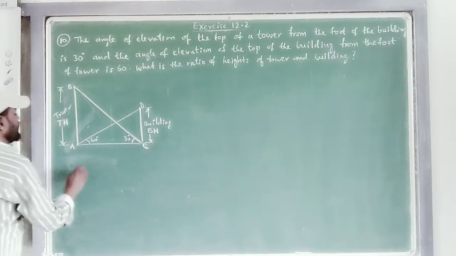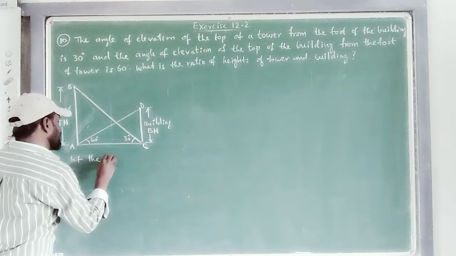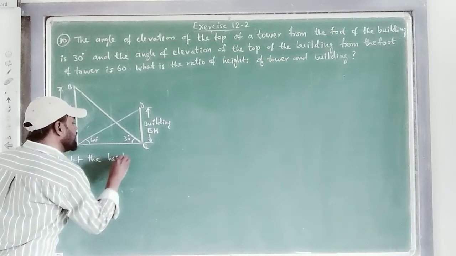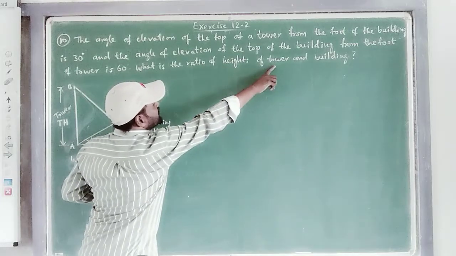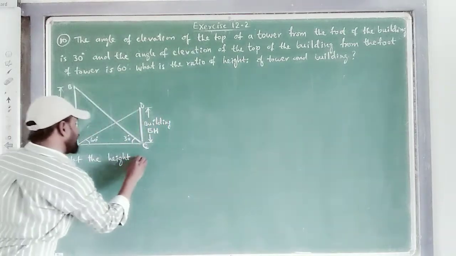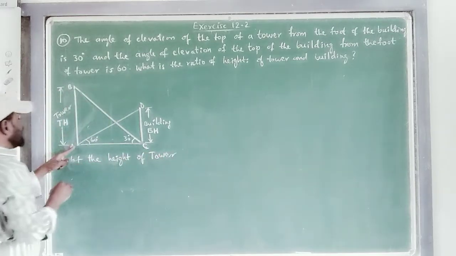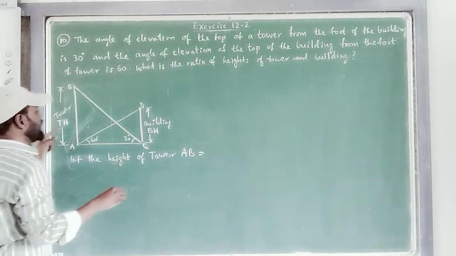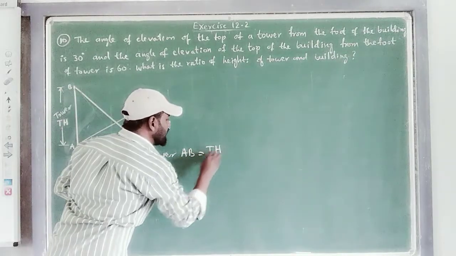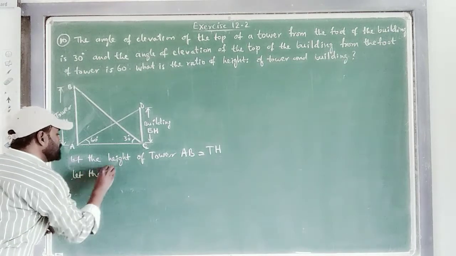Let the height of the tower, named AB, be TH.